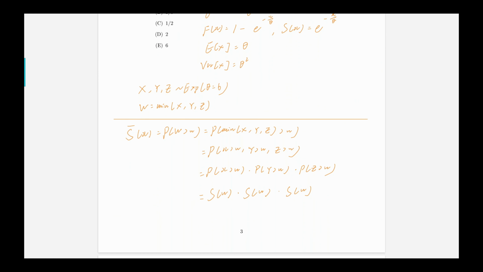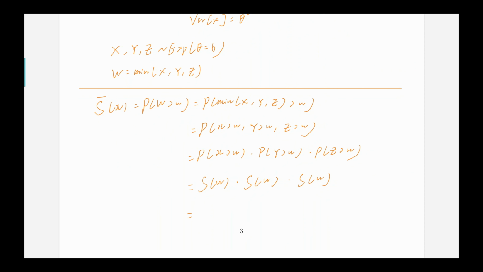And since their survival functions are the same, we're just going to cube that. So it's going to be e to the power of negative w over 6, to the power of 3, which makes it e to the power of negative w over 2. And notice that this is the survival function for w.